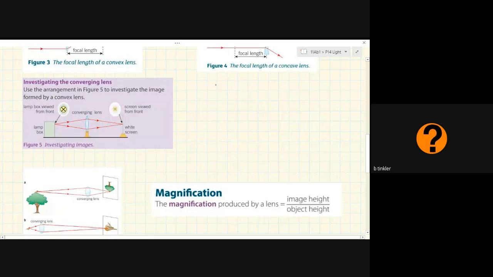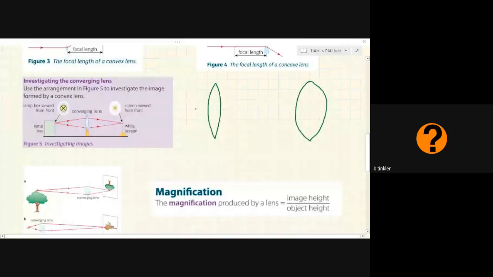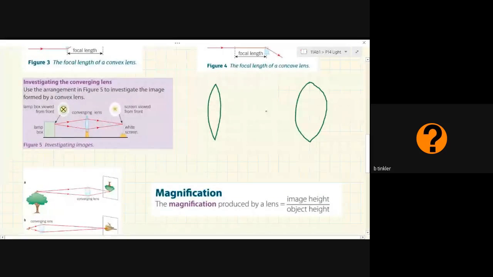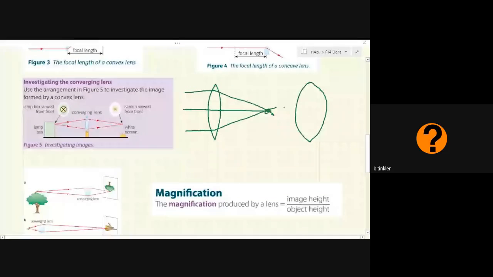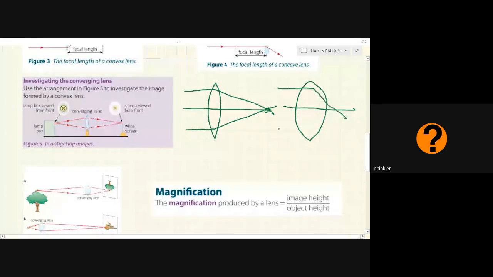And we would find that the fatter a lens is, the more it bends light. So if you want a shorter focal length, a fat lens bends light more. That's a rubbish diagram. And you get a shorter focal length.